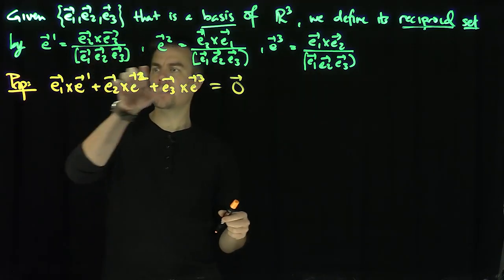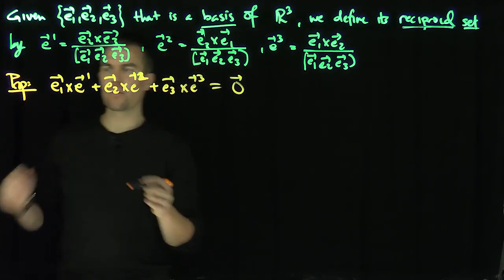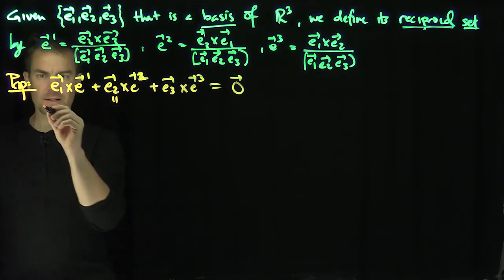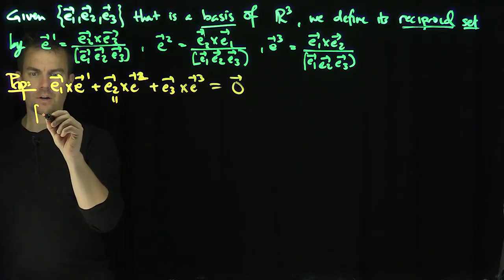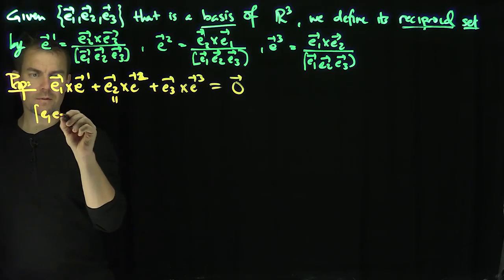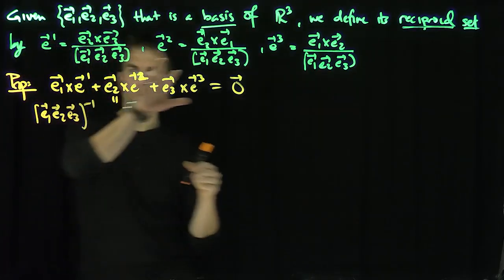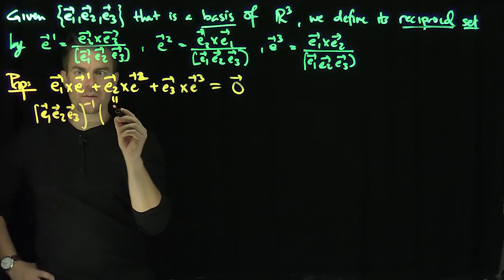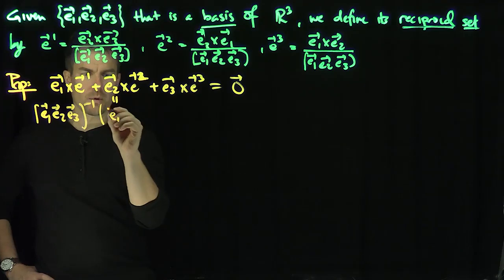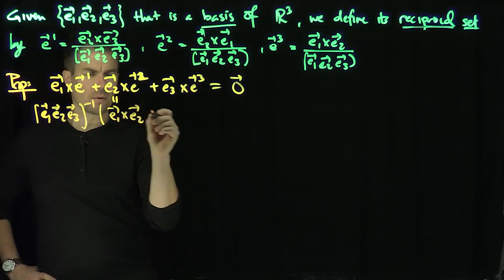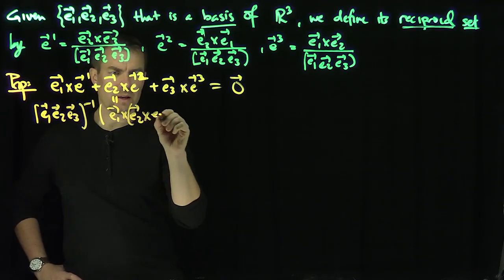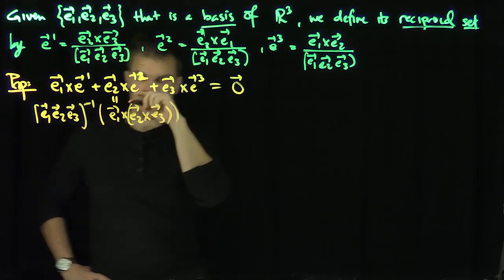Notice that each of these things has a determinant in the denominator, so I'm going to pull that out. So in other words, this left-hand side over here is going to be this determinant, E1, E2, E3 to the negative 1. They each have one in the denominator. Then we're going to have an E1 lower cross E2 cross E3, like that.